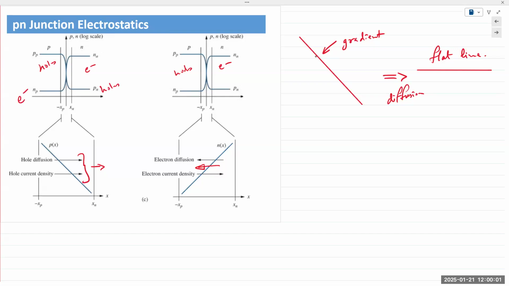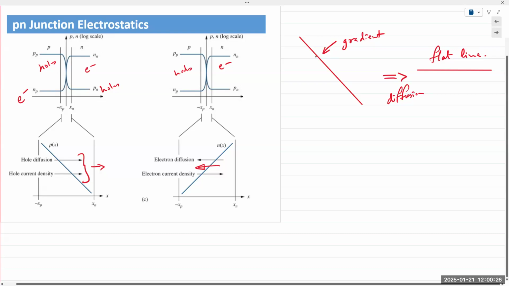The electrons will diffuse from the right to the left, and the holes will diffuse from the left to the right, until the hole concentration and electron concentration are equal on both sides of the P and N type junction. So this diffusion results in a current. That current would keep on flowing until all of the concentration is equal, but that's not what happens.